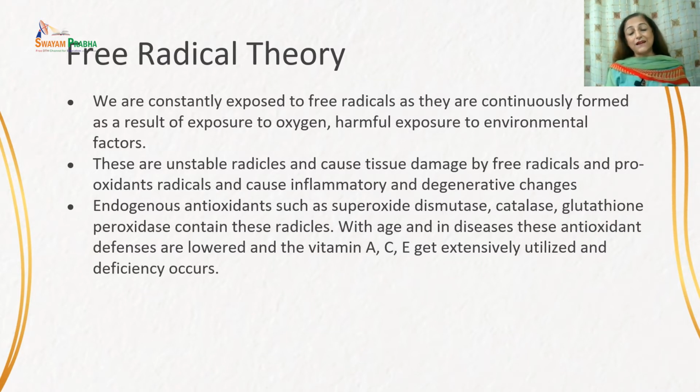But what happens with the aging process and in certain diseases is that these antioxidant defenses are lowered, and as a result, the vitamin A, vitamin C, and vitamin E reserves inside the body get extensively utilized. So a deficiency of these vitamins and reserves occurs.